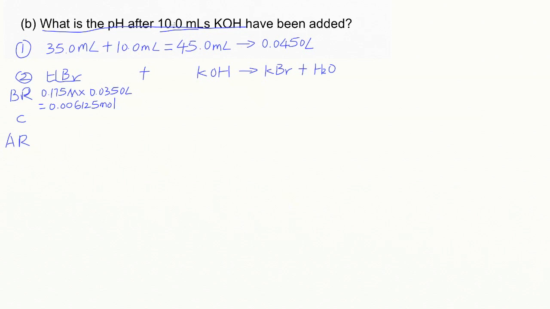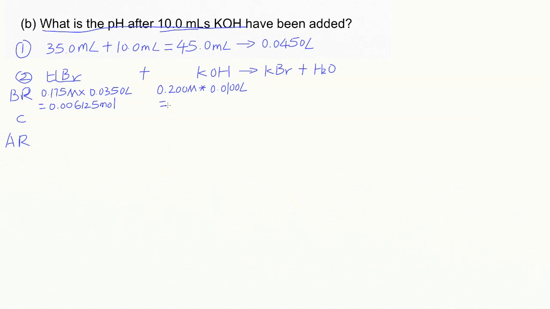And because you added 10 ml of the potassium hydroxide, let's calculate the mole number from this 10 ml potassium hydroxide solution. That is the 0.200 mole per liter concentration of the potassium hydroxide multiplied by the volume of this solution, which is 10 ml, that is 0.0100 liter.